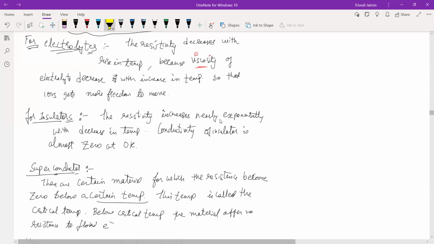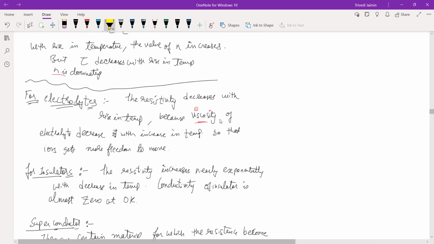For insulators, the resistivity increases by a very, very high amount with decrease in temperature. That is why it is not conducting. The conductivity of an insulator becomes zero, so it cannot conduct.